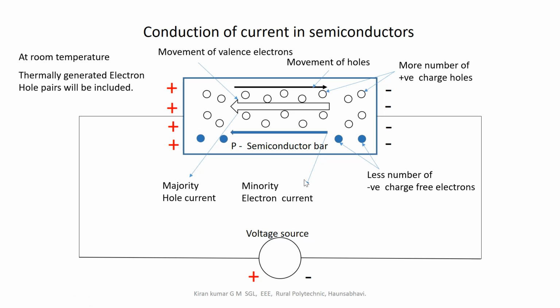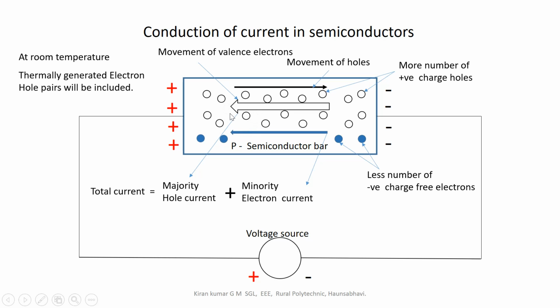The total current in the semiconductor bar will be equal to the majority hole current plus the minority electron current, as much of the current is due to the conduction of valence electrons through the positive charged holes in this p type of semiconductor.